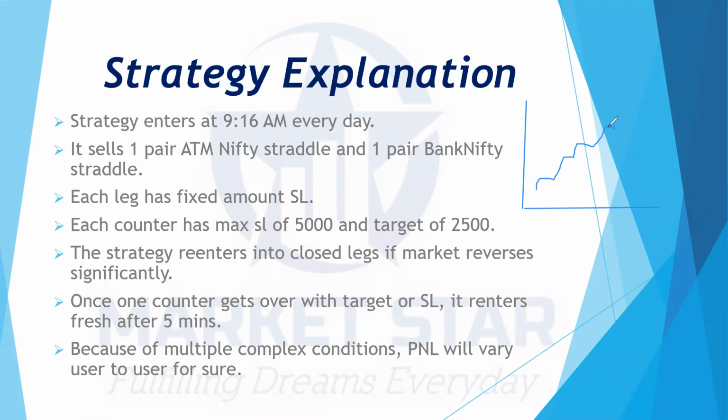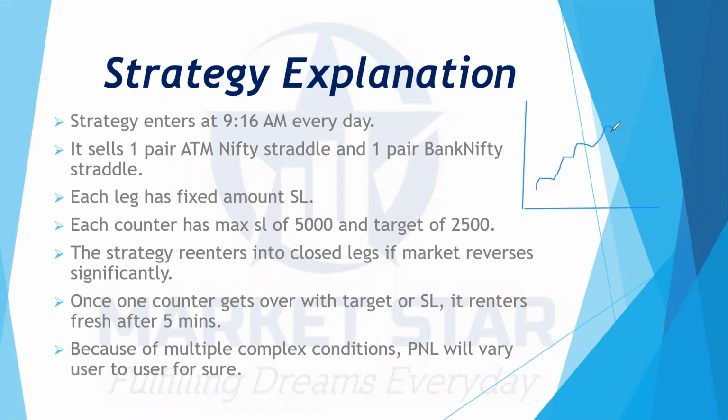So in other strategies, what happens in this kind of reversal? Suppose after a good amount of high, the market started reversing like this. Whenever the market starts reversing, this kind of small reversal is expected.